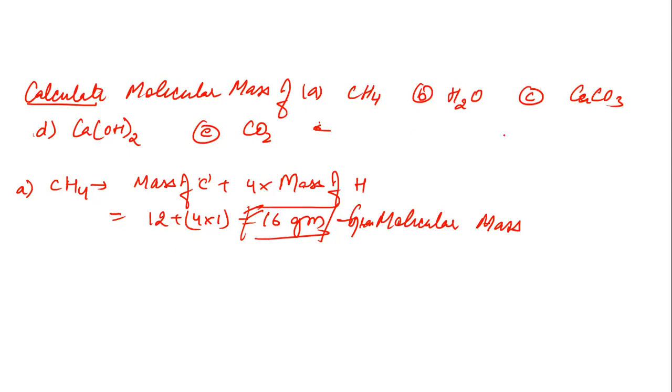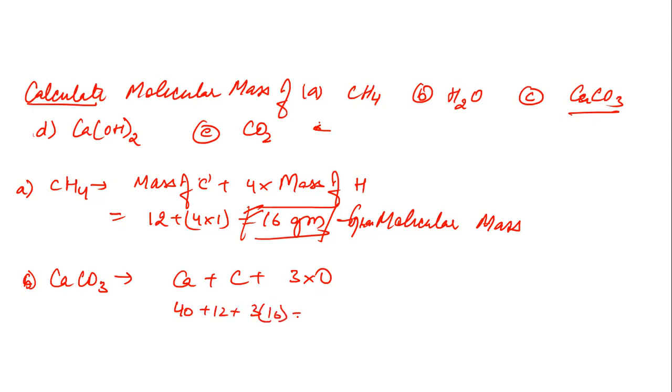Okay. Let's see for the CaCO3. This is calcium plus carbon plus 3 into oxygen. Calcium is 40 plus 12 plus 3 into 16.